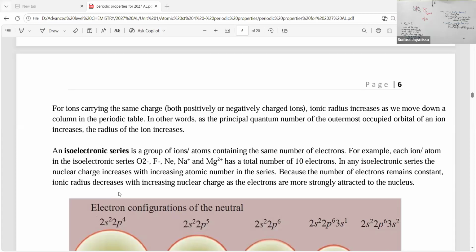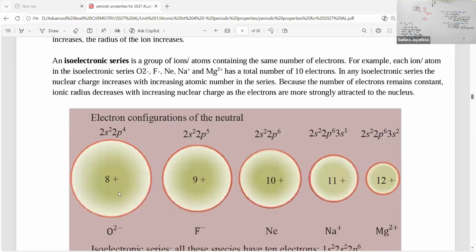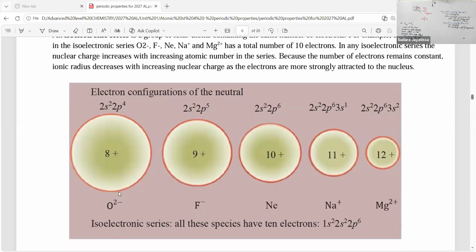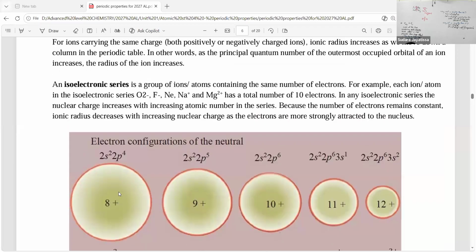That is the one that explains why the isoelectronic series radii are arranged like that. A good explanation.